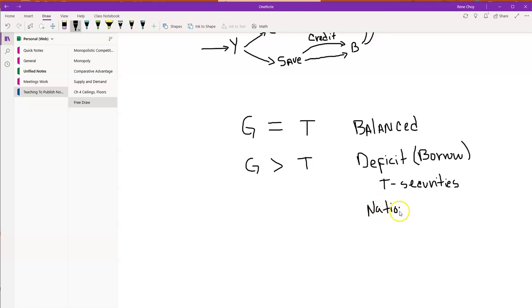So running on a deficit makes the country have a national debt, and it makes it increase very rapidly. If instead the government has more tax collection than they spend, then the government's running on a surplus, and they can take some money and pay off that debt. So debt can drop.